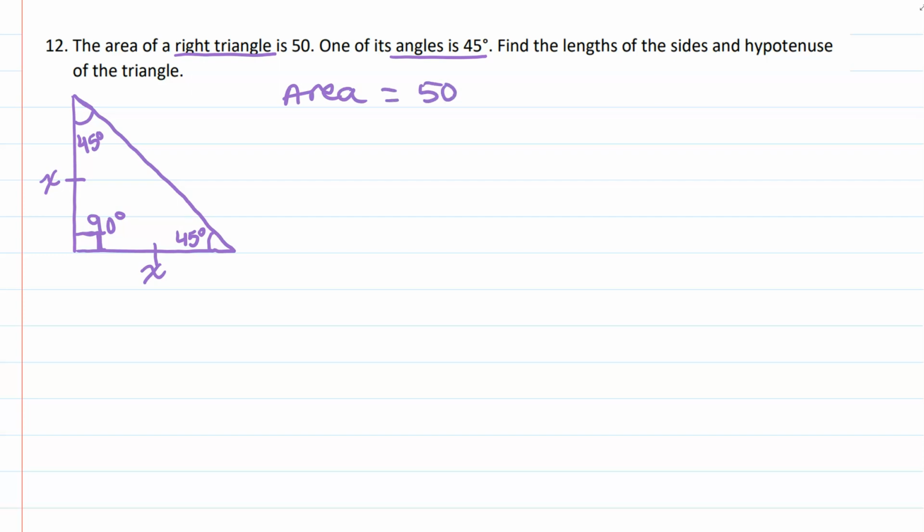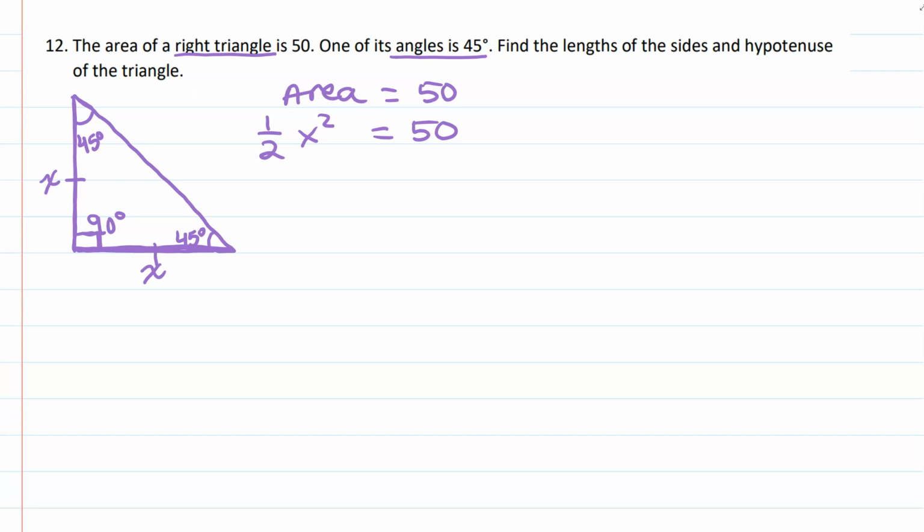Well, area of a triangle is 1/2 base times height, which is x, multiplied by x. And x times x is x squared. That's the area of that triangle. 1/2 x squared is equal to 50. So we can go and solve for x, which is the length of the legs of the right triangle.